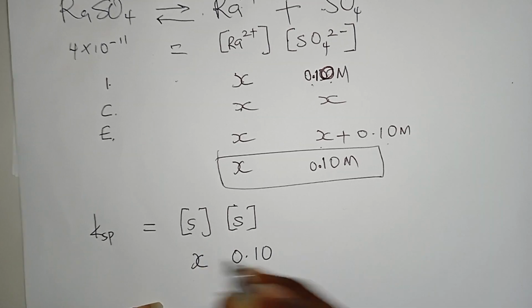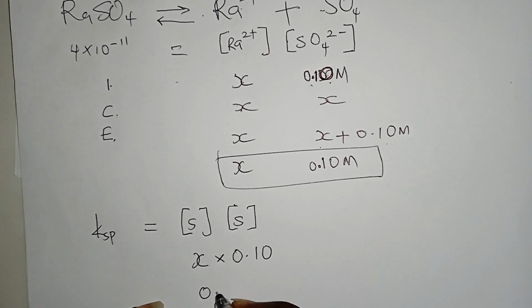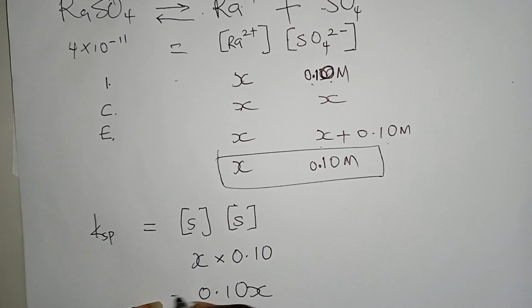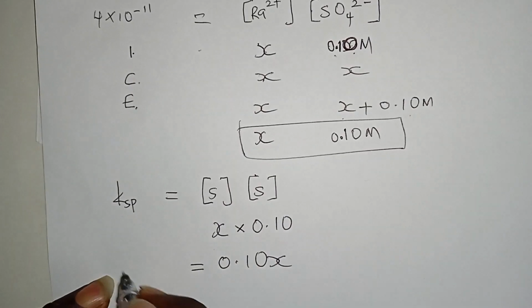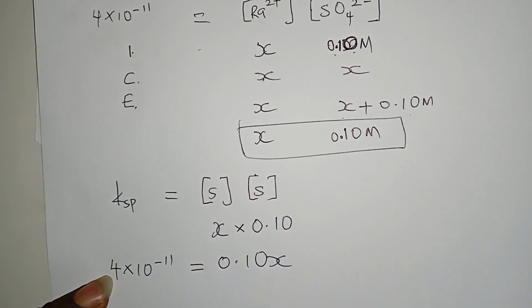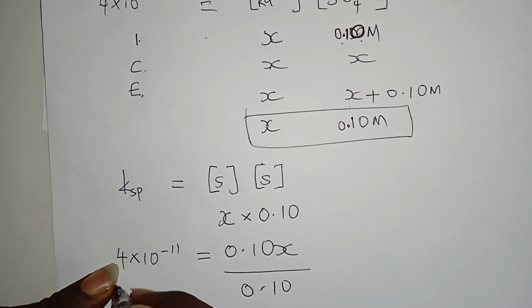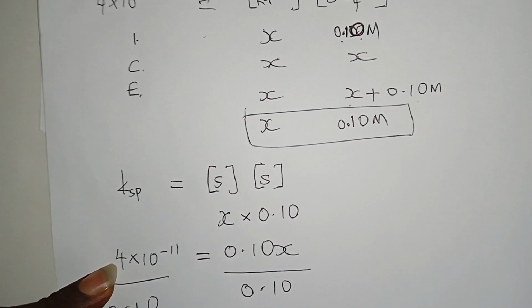So if you multiply these two, it simply means 0.10x equals the Ksp, and the question gave us that the Ksp is 4 times 10 raised to the power minus 11. So to get x, divide both sides by 0.10.